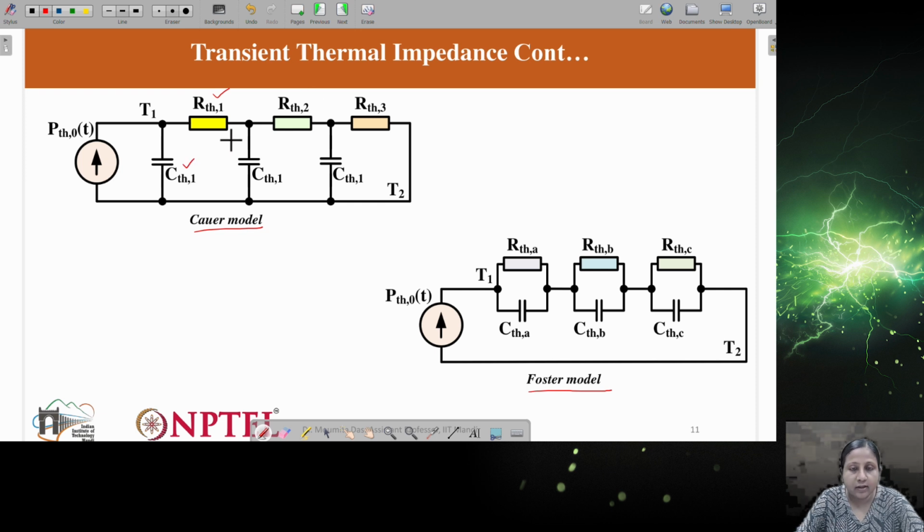So you can see here RTH1 connected to CTH1, RTH2 connected to CTH2, RTH3 connected to CTH3. And this is node 1 and this is node 2. In the Foster model, this RTH and CTH are connected in parallel. Okay, so this is node 1 and this is node 2. So there are two different kinds of model. Any of these we can use for modeling our thermal parameters.